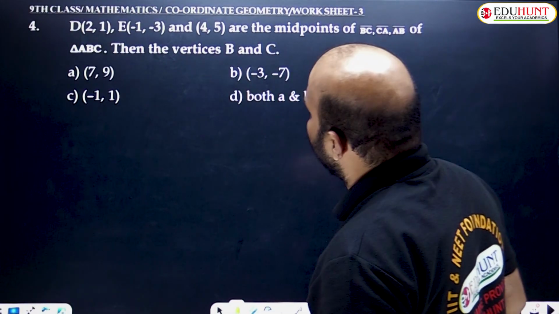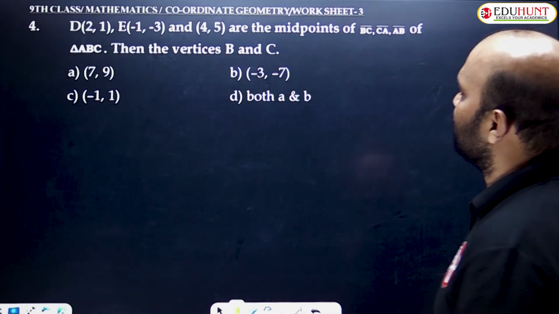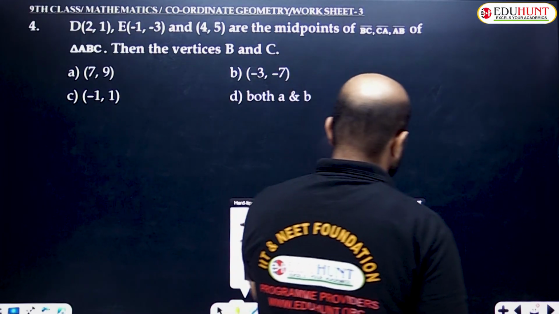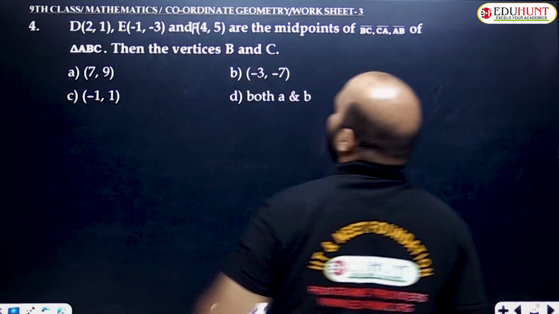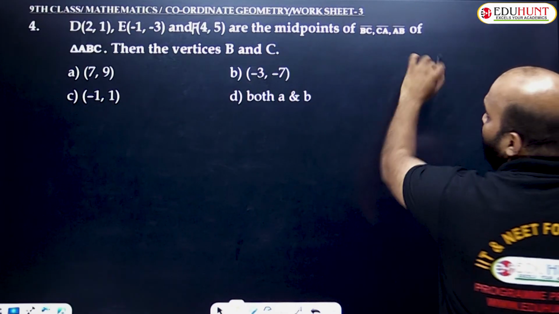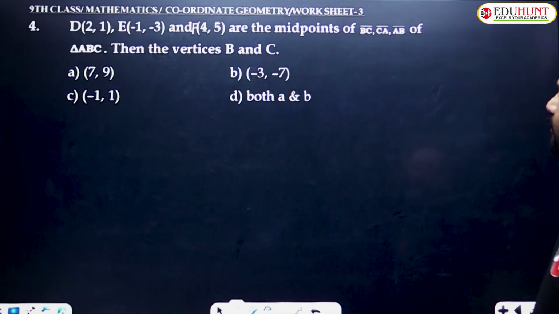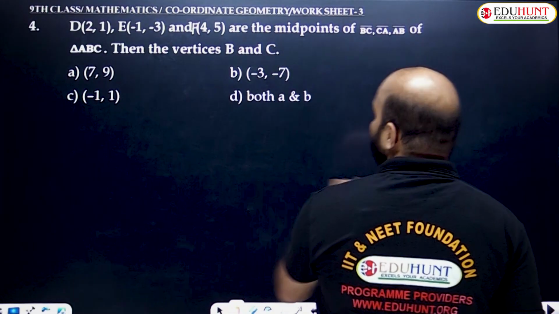D is 2 comma 1, E is minus 1 comma minus 3, and F is 4 comma 5. Okay, D, E, F. These are the midpoints of BC, CA, AB of triangle ABC. Then find the vertices B and C. Clearly we need to understand what I have mentioned.